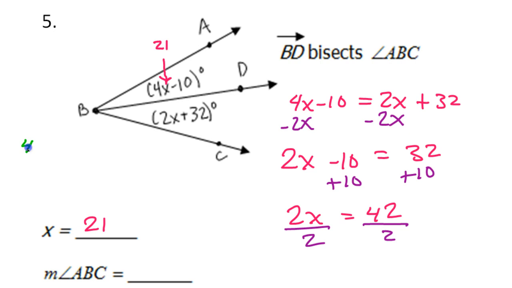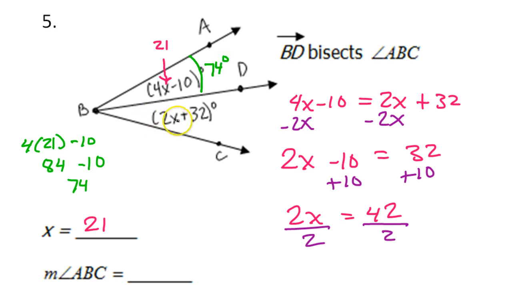That is 4 times 21 minus 10. 4 times 21 is 84. Then minus 10 is 74. So that means that this angle is 74.